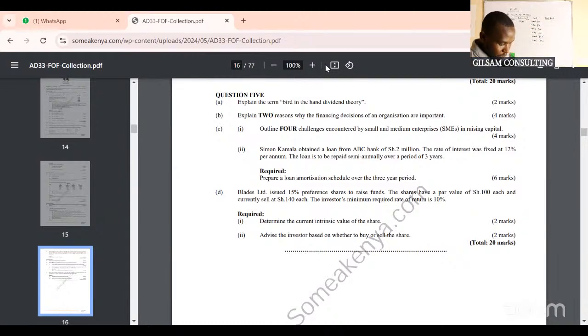So plus 2,000 minus 406.725, getting a balance of 1713.275, which will be our opening balance in year 2.